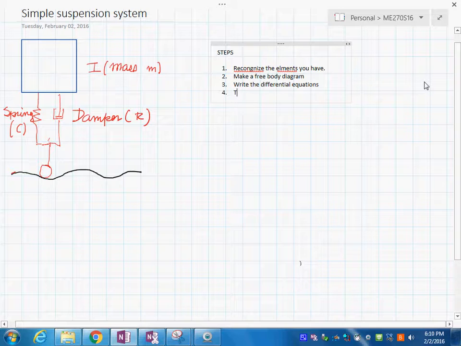So you can say transform the differential equations into a picture.